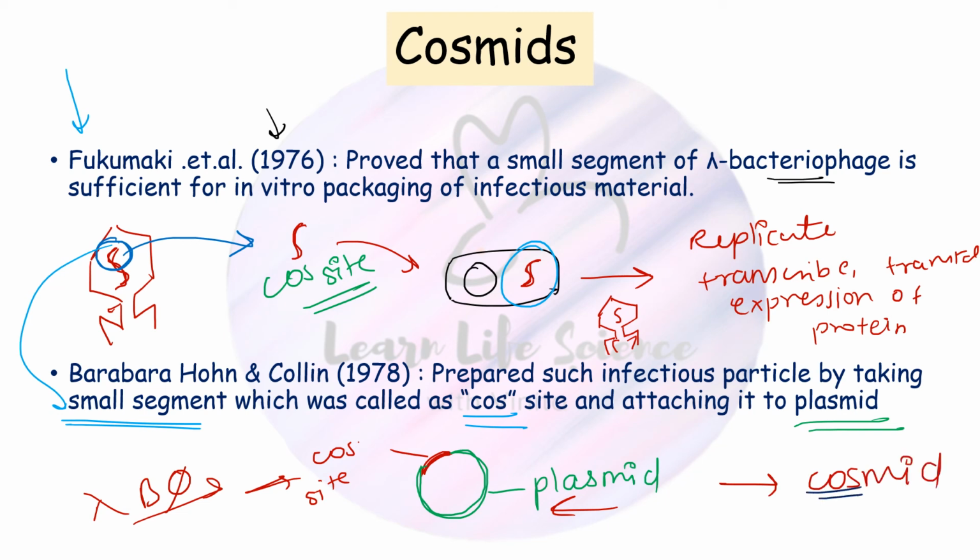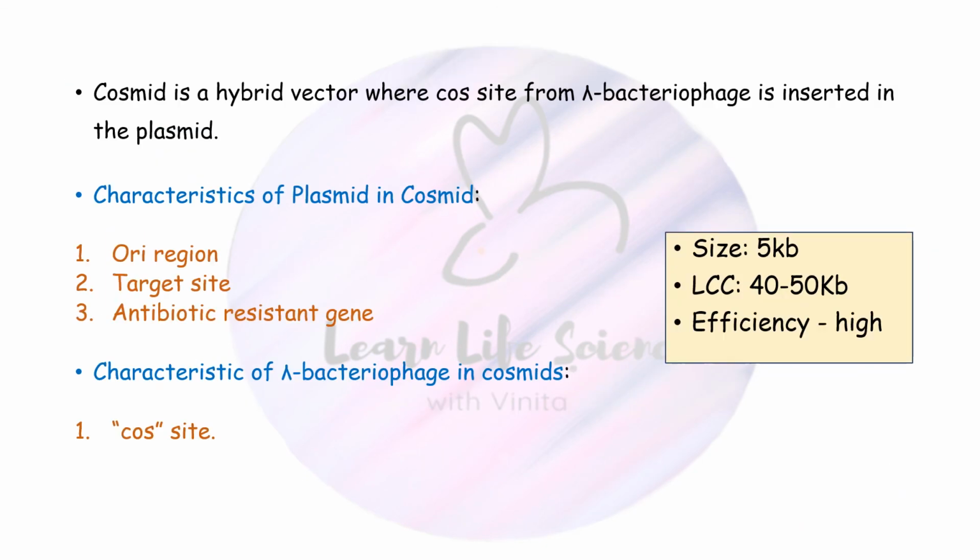Here the cos site is from Lambda bacteriophage and the mid means the plasmid, taken from the bacterial cell. So a cosmid is a hybrid vector where the cos site from Lambda bacteriophage is inserted in the plasmid. It is very simple.